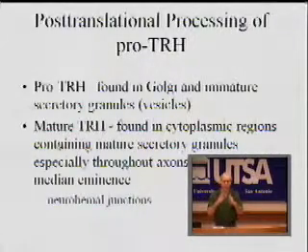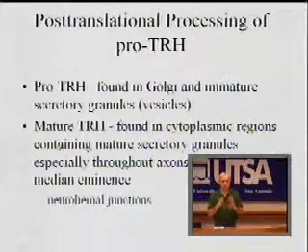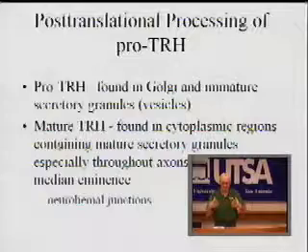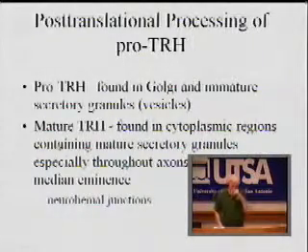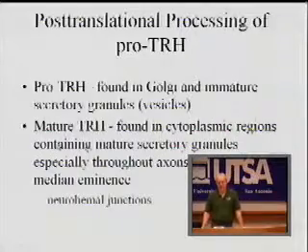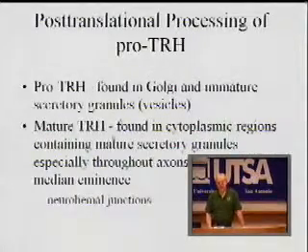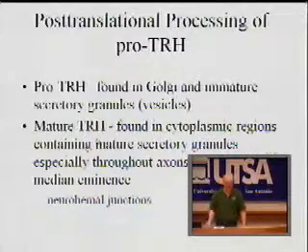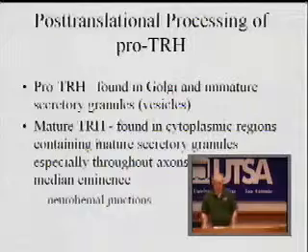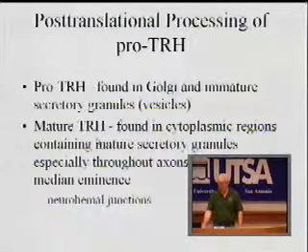So somewhere between the immature secretory granules, just fresh from the Golgi, on out into the cytoplasmic within the soma, and on down through the axon, there is the enzymatic cleavage of the pro-TRH, such that mature TRH that can react with the antibodies specific for it now becomes detectable.